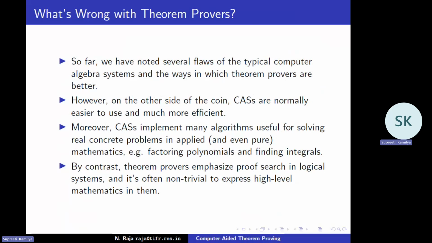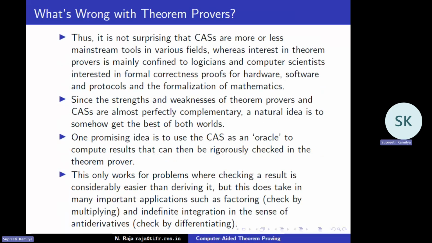Of course, all this will change in the coming years. So it's not surprising that computer algebra systems are more or less mainstream tools in various fields, whereas theorem provers have still been confined mainly to logicians and computer scientists who are interested in formal correctness proofs.